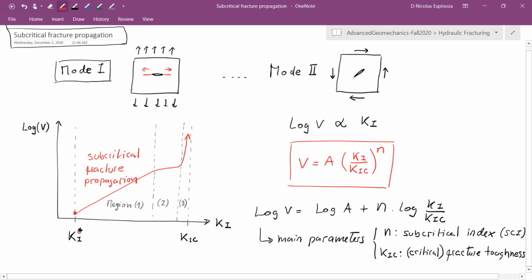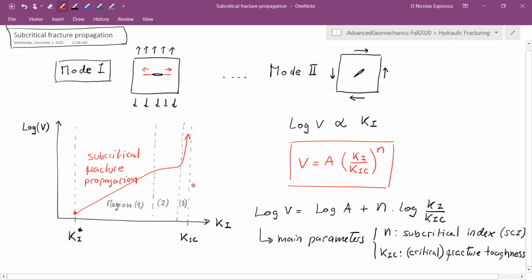But as soon as I reach a value which is equal or larger than that, a fracture will start propagating, but at a small velocity. And here we're talking about very small velocities, probably in the order of a centimeter per day or less. We're going to see some numbers later on. So in this region of proportionality is when we have this phenomenon of subcritical fracture propagation.